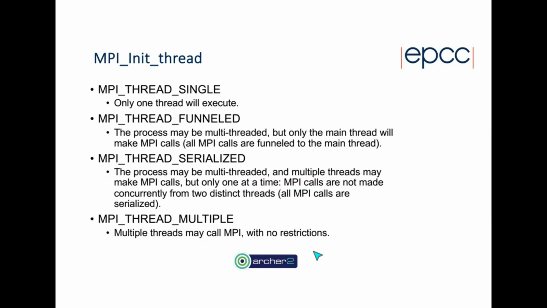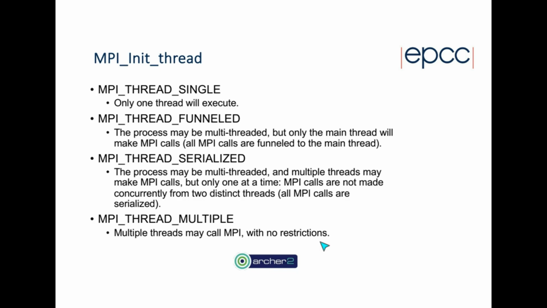These arguments have predefined values which are defined in the MPI header file or MPI module. There are 4 different levels that MPI supports. There's MPI_THREAD_SINGLE, which says only one thread will ever execute. There will never be multiple threads executing inside an MPI process.